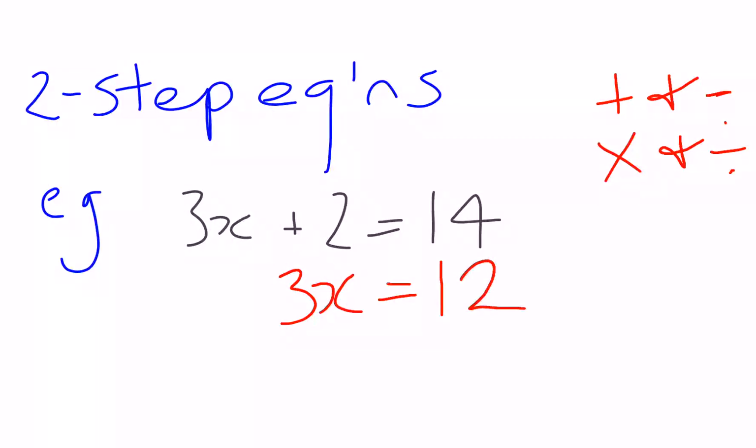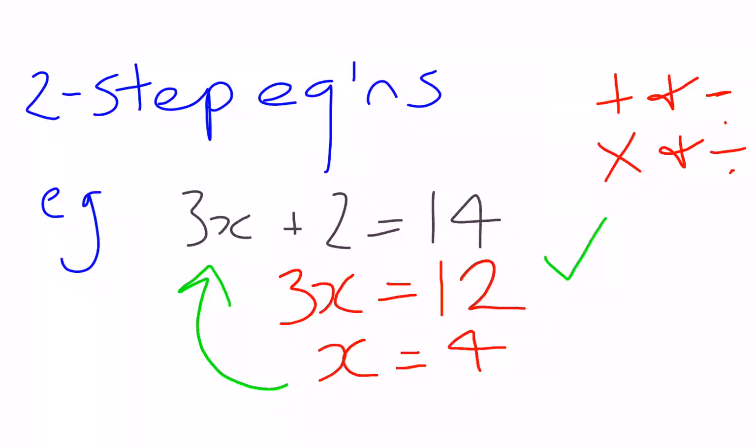I need to get rid of times 3 on both sides, so I divide by 3, leaving me with x equals 12 divided by 3 is 4. And I can still substitute it back in. If x is 4, 3 times 4 is 12. 12 plus 2 is 14. We're correct.